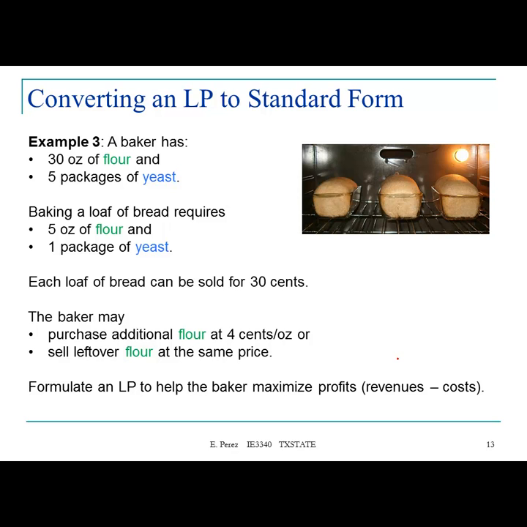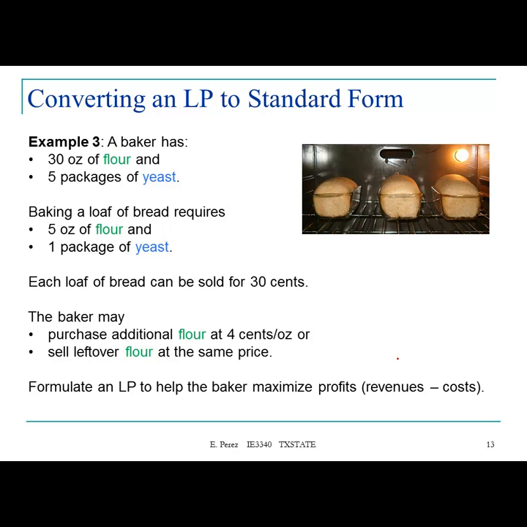And we have 2 options here, depending on what happened. If we need more material, we can purchase additional flour for 4 cents per ounce. But in the other case, if we have some left over, then we can sell that leftover at the same price.